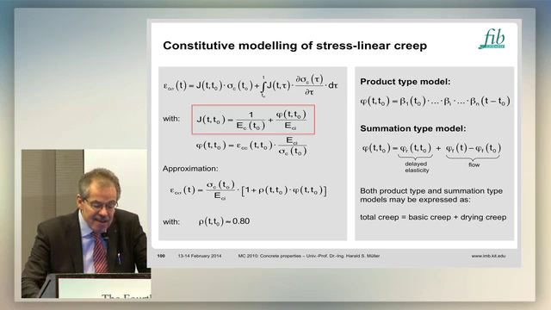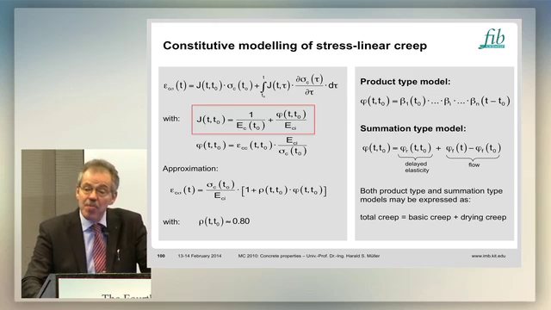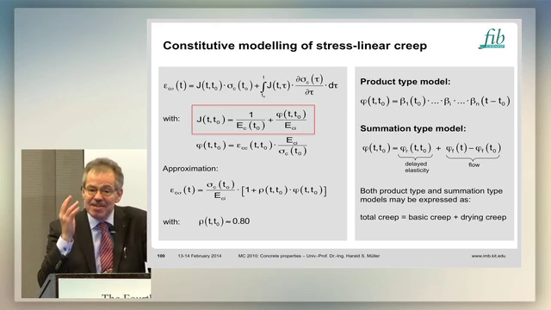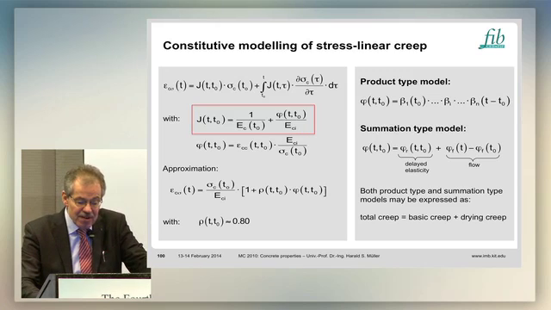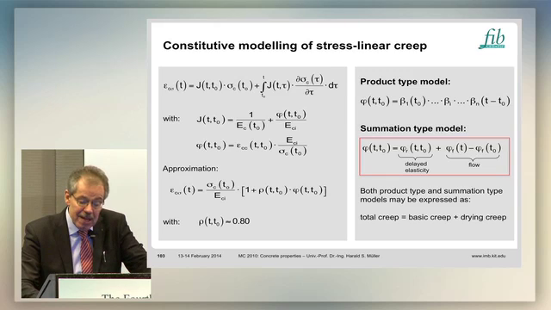But what is decisive, ladies and gentlemen, is which type of function is here in the creep coefficient or the creep function. And there we have only two basic, different approaches. This is a product type, where we have a product of age of loading and duration of loading, and we have the summation type, where we deal with delayed deformations and the flow deformations.